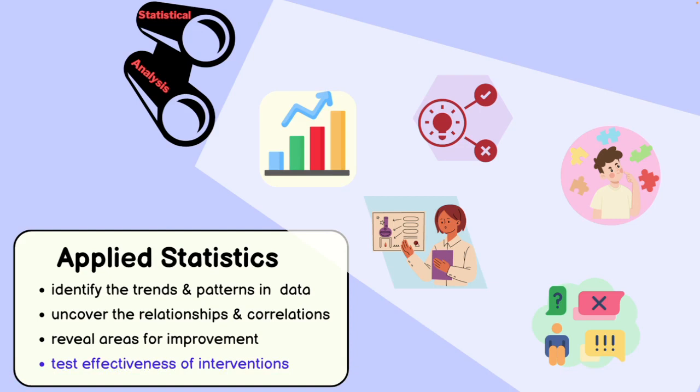Statistics is also used to identify, to uncover the relationships between certain variables, whether it is the demographics of the students and the outcome in terms of the performance or the GPA, or whether it relates to a style of teaching or particular subject or particular environment. All of these variables are studied using statistical analyses.